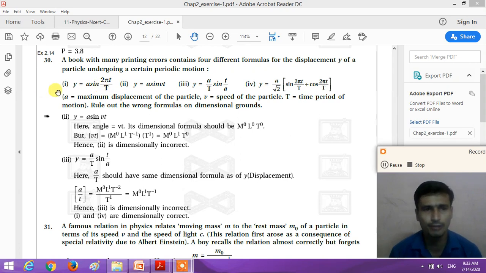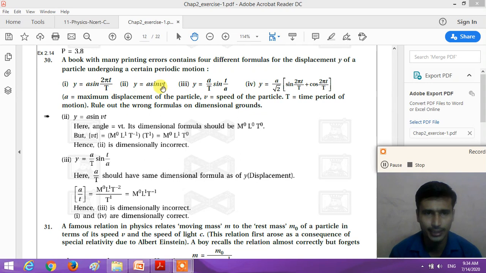So, the first equation is a correct representation of the periodic displacement of the particle, right? Because here the dimensional formula of the angle must be 0, 0, 0. So, the first equation is dimensionally correct.